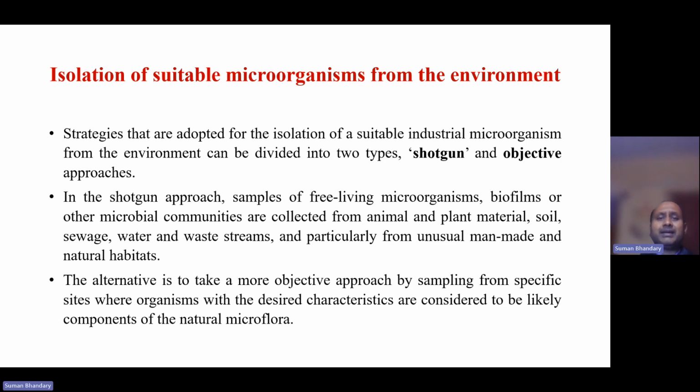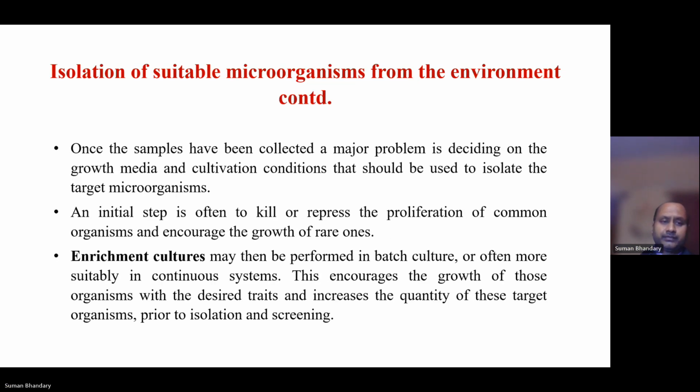So the second approach is enrichment culture. Once the samples have been collected, a major problem is deciding on the growth media and cultivation conditions that should be used to isolate the target microorganisms.